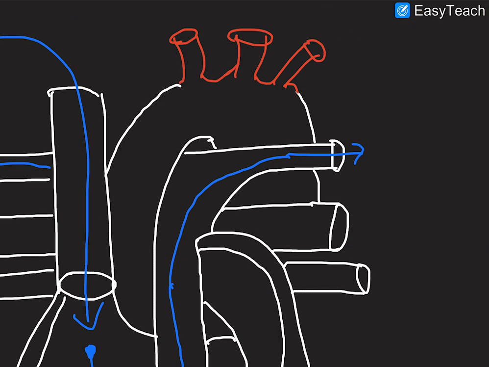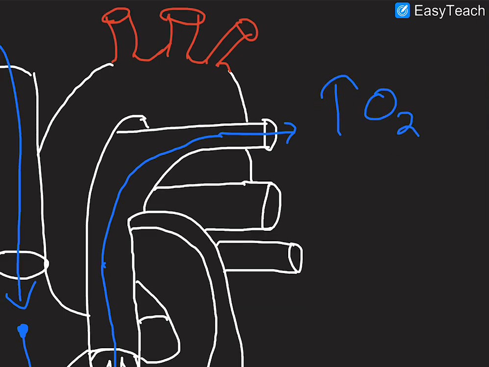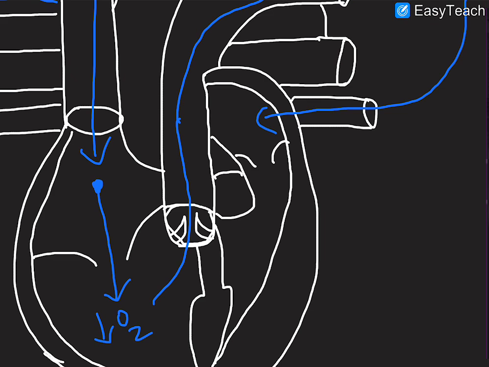And then from our lungs it gets oxygenated. So now we have high oxygen blood, and that comes back through our pulmonary veins into the left side of the heart. So now we're in the left atrium. This is our other valve, the bicuspid valve, right?